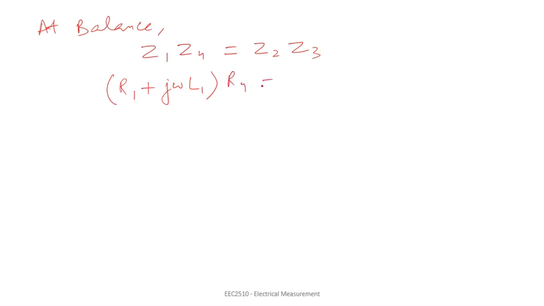Z4 consists of only resistance, so it will be R4. Similarly, Z2 will be R2 plus j omega L2, multiplied by R3.